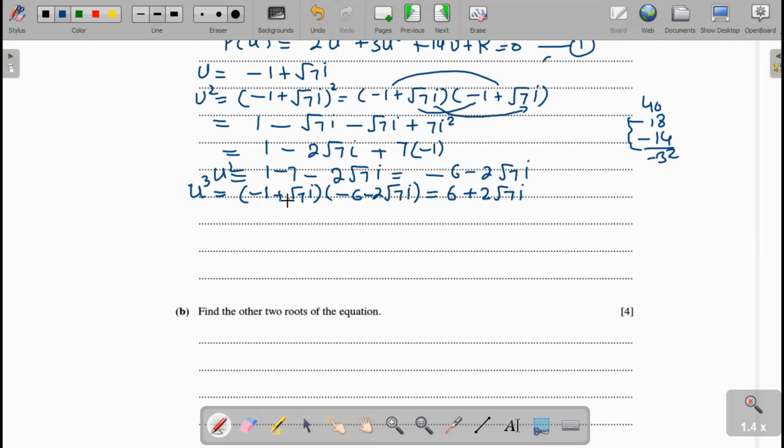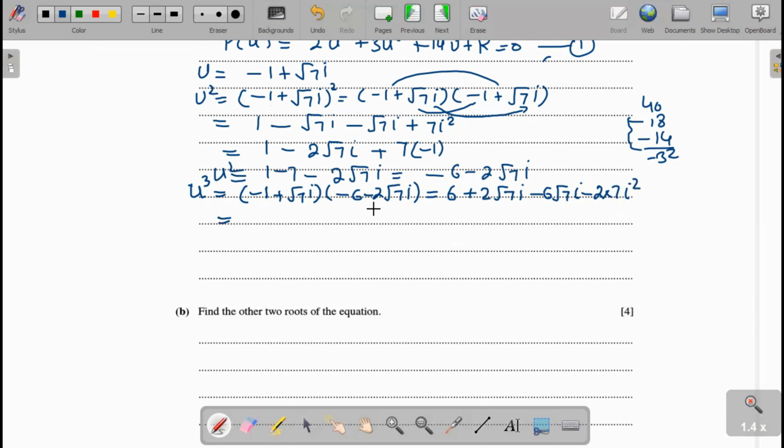Then plus square root of 7i times -6, that is -6 square root of 7i. Then -2 square root of 7 times square root of 7 gives -2 into 7i squared.